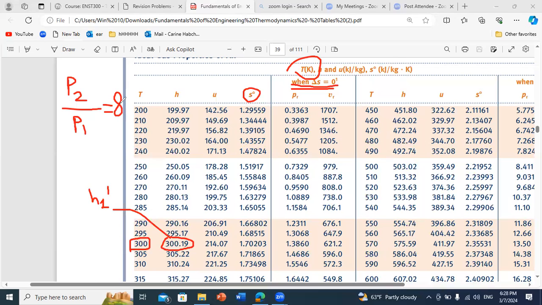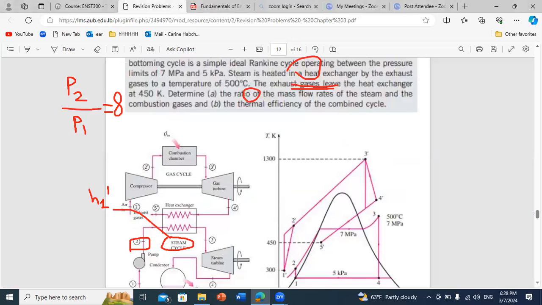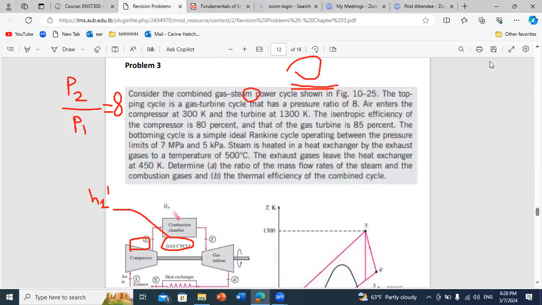So all you have to do then, if you go back to the given, you know at the initial point what the pressure is. At inlet conditions, you have for your compressor 300 Kelvin. You don't even care about the value of the pressure; you need just to know the ratio.